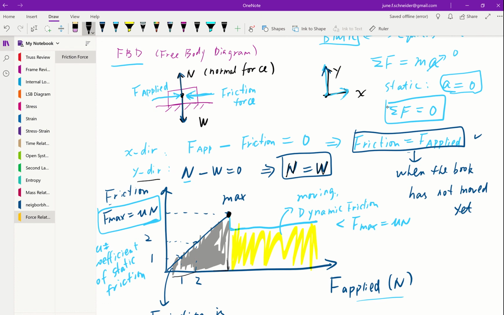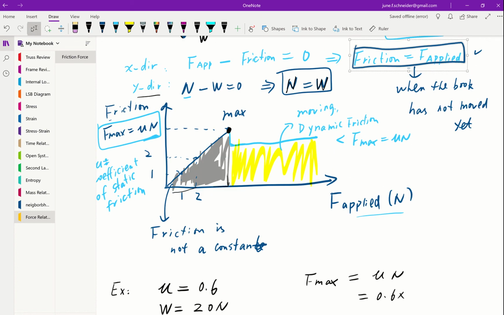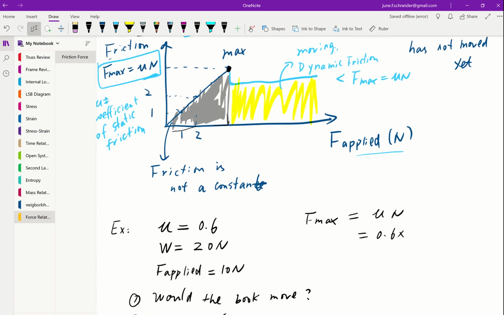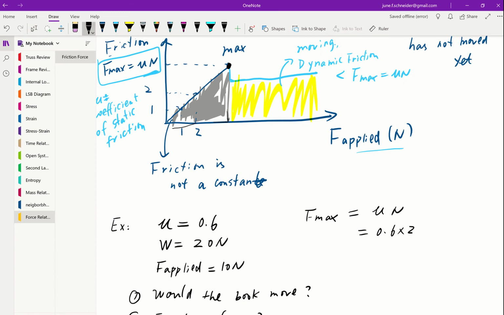The acceleration equals 0, so normal force is equal to weight. So normal force is 20. And the maximum force will be 12 Newton. In other words, in order to get to this dynamic friction where it starts to move, we have to pass this threshold of 12 Newton. Then it can drop down.